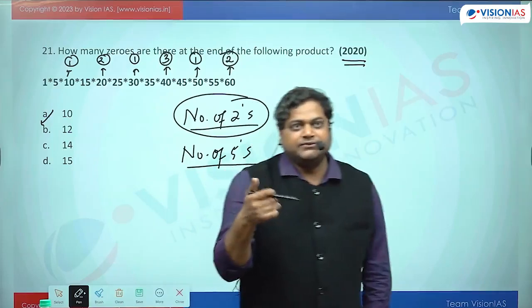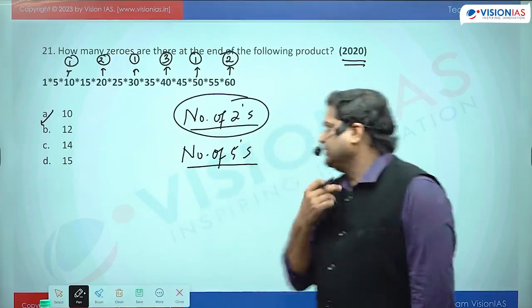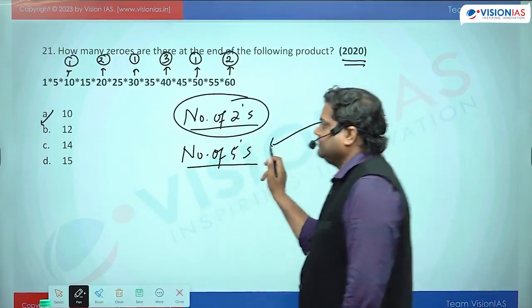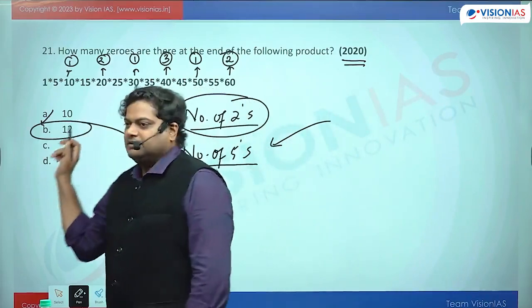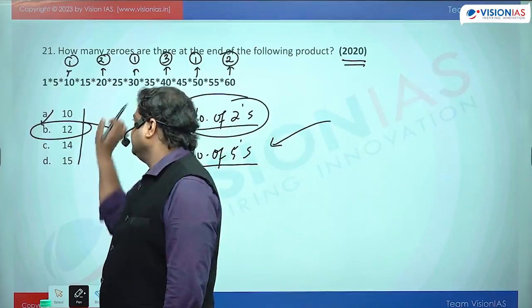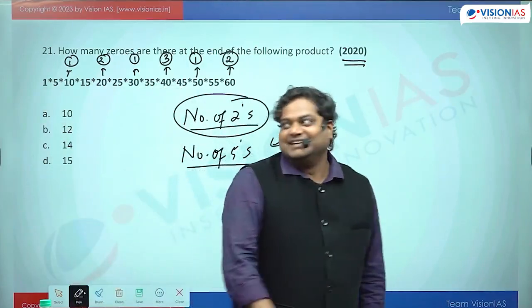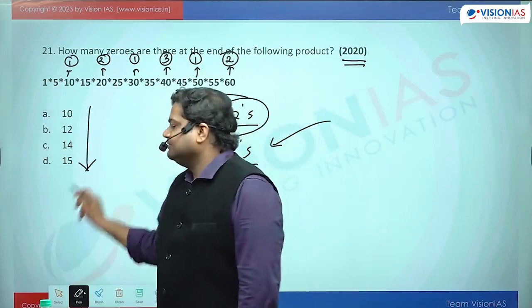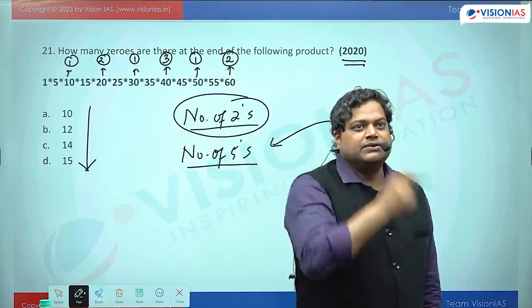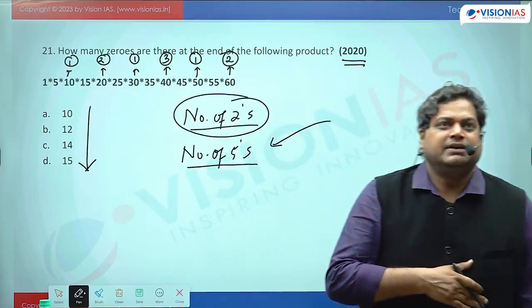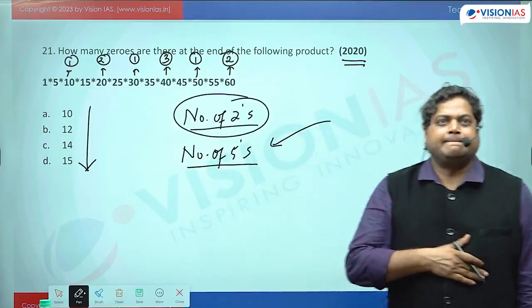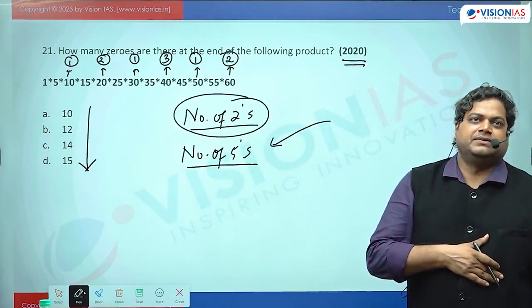If we calculate the number of 5's, how much will it be? 12. If someone is getting the number of 5's as 19... Why calculate the number of 5's at all? 5 is not divisible by 3. Why did we remove 1 to 9 except 5 in the questions of 9?